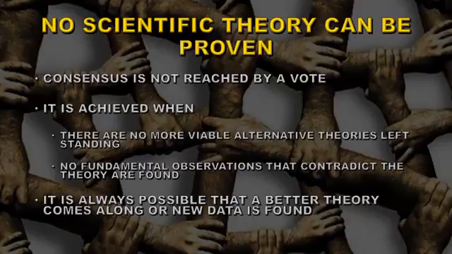A prime example of this is Newton's law of gravitation, where for 250 years it was used very successfully to predict the motion of the planets, but there was one fly in the ointment, a tiny discrepancy in the orbit of Mercury. Now, for a time we postulated that there was another planet somewhere nearby Mercury that was perturbing its orbit, but that never panned out.